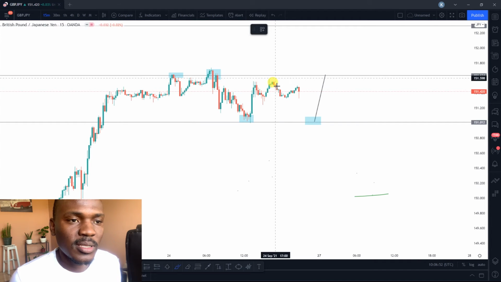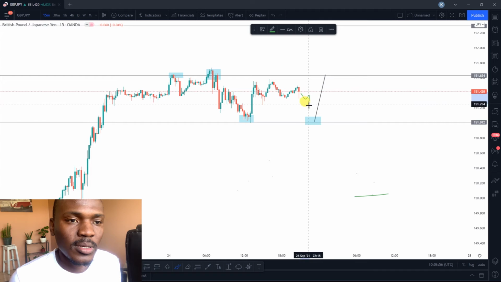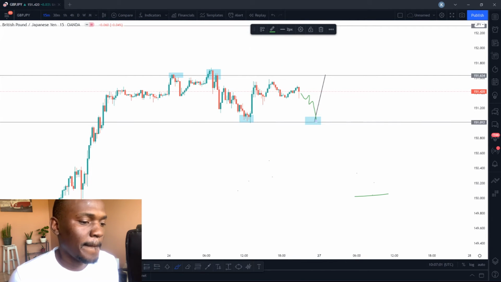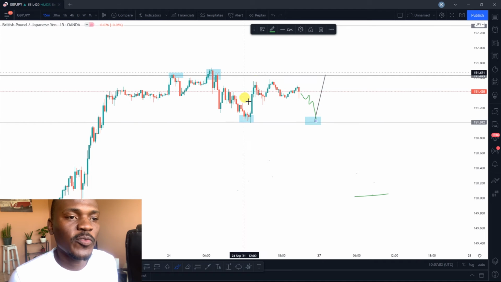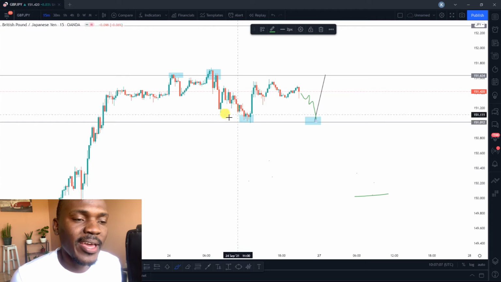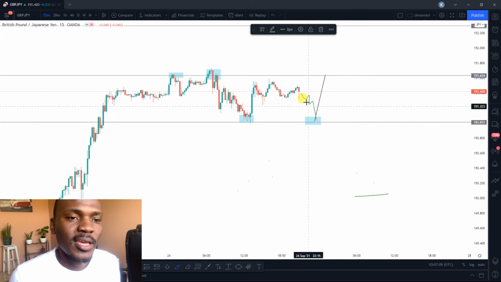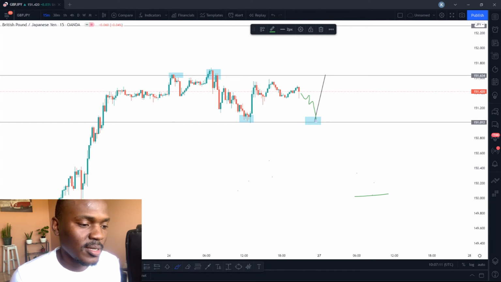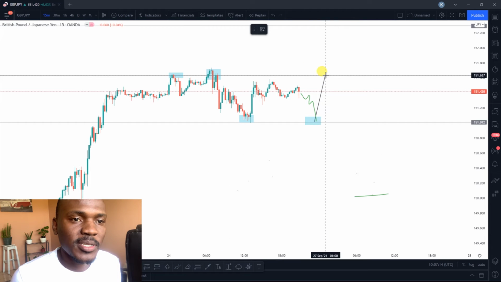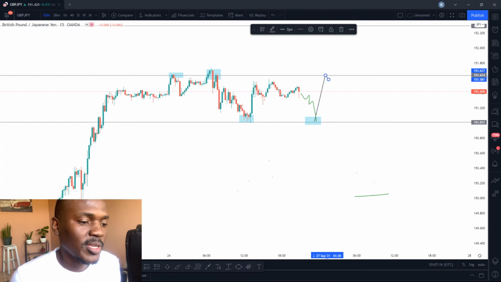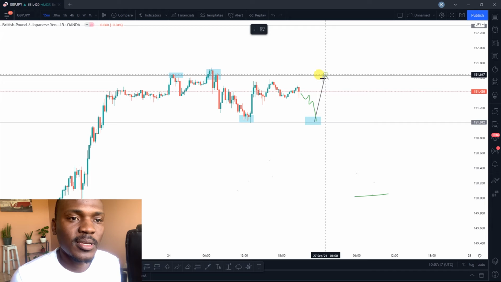As you can see here, the market moves like this, and it'll get here. As soon as it gets here, that's where we can wait for some price action, maybe some rejection, a candlestick, a hammer or a morning star, and then we can take our buy to the upside.